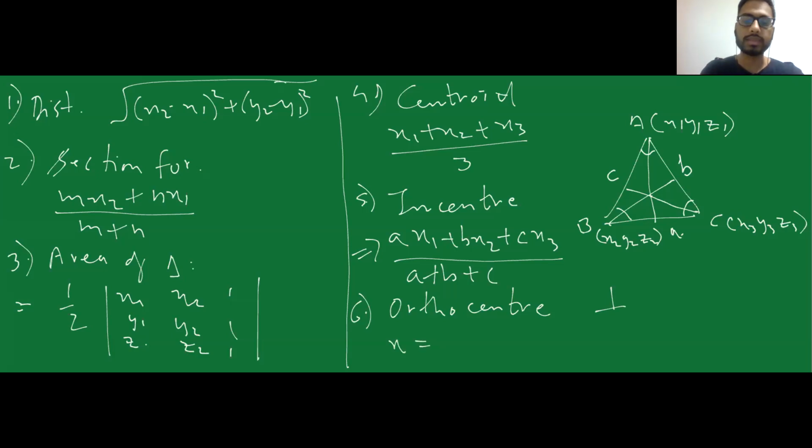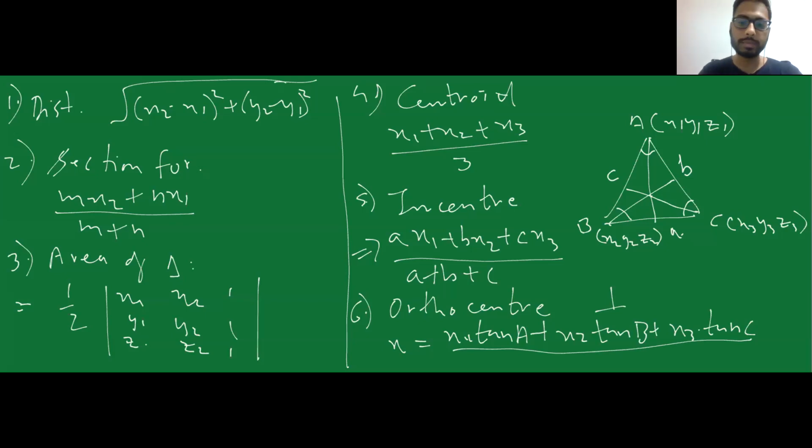If I want to get the x coordinate, formula is going to be x1 into a for incenter, and if it's orthocenter, we have to take angle, so it would be tan of a, plus x2 into, instead of b, tan of b, and x3 into tan of c, divided by, in incenter we used a plus b plus c, in orthocenter we are going to use tan of those values, so tan of a, tan of b, and tan of c.